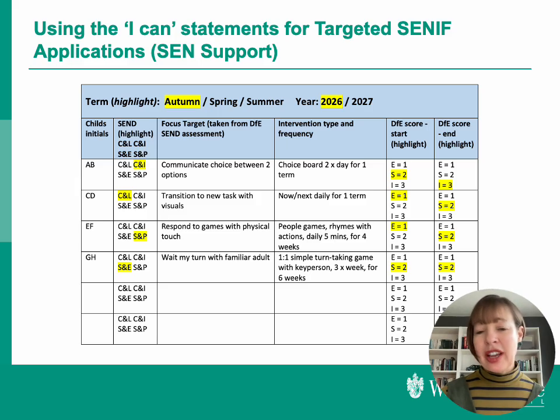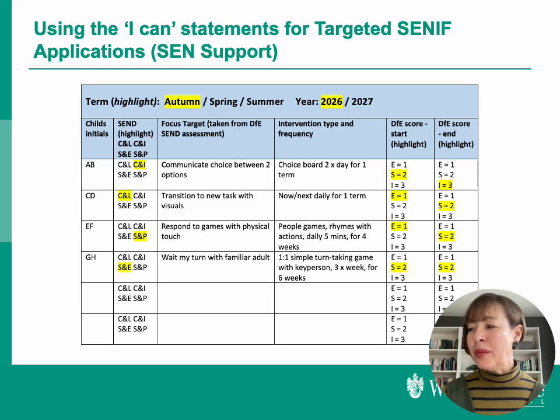And this is the new version of the form using the DfE assessment tool. So this is for an individual child, or for a number of individual children, rather. So for the first child, the I can statement that hypothetically we're wanting to work on is I can communicate choice between two options. And this hypothetical child is coming out as a supported level, so a score of 2 at the start point.